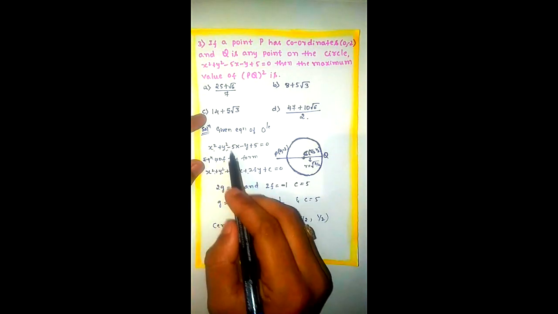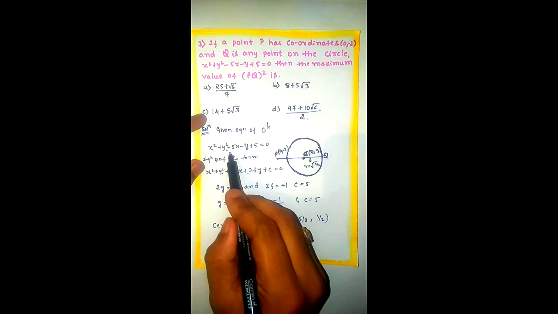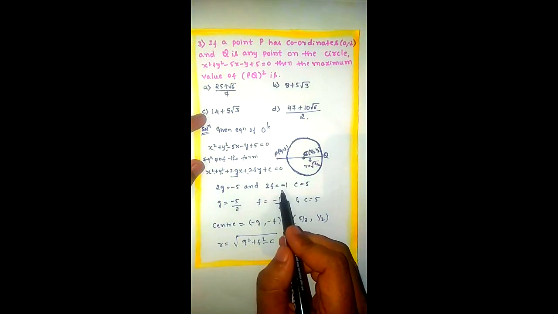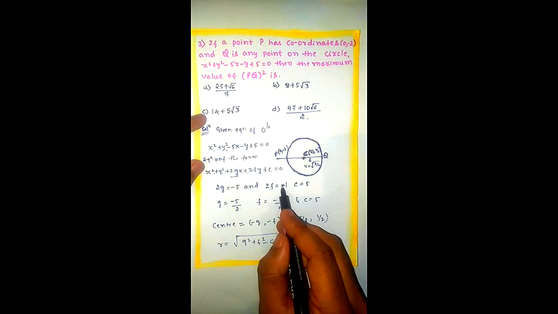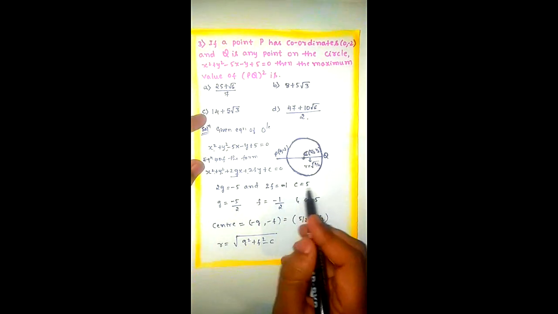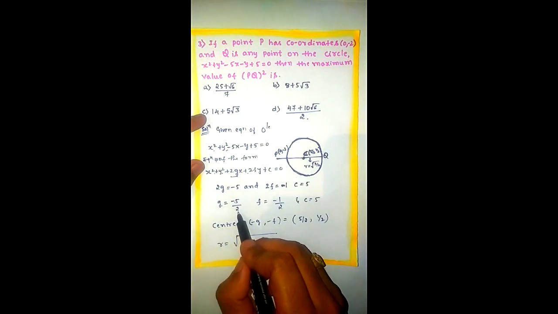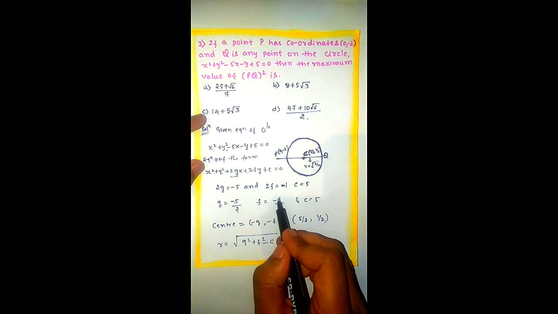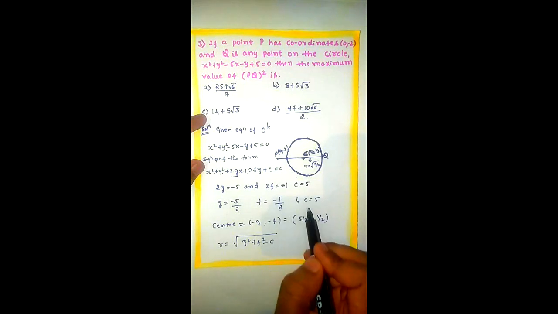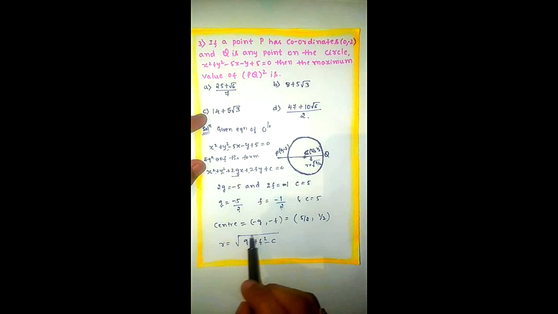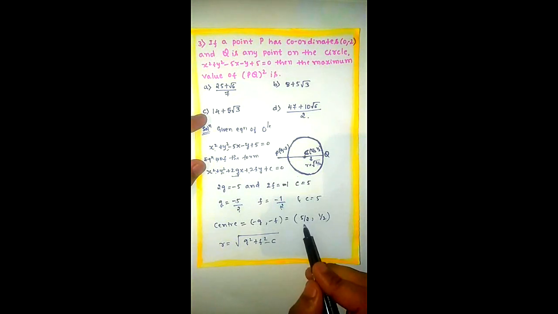Comparing these two equations, 2g is equal to minus 5, 2f is equal to minus 1, c is equal to 5. Solving this, g is equal to minus 5 by 2, f is equal to minus 1 by 2, c is equal to 5. We know the center formula is (minus g, minus f), so the center is (5 by 2, 1 by 2).